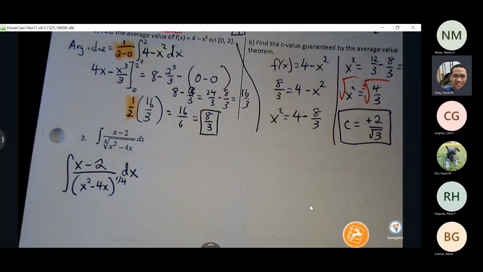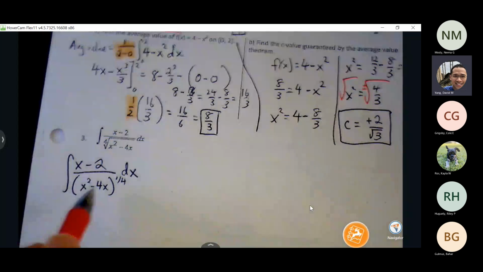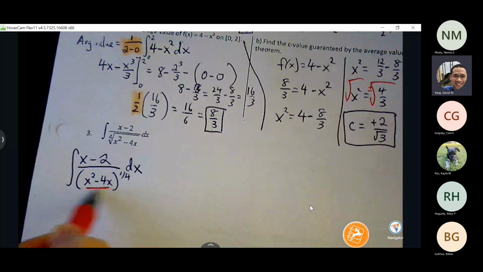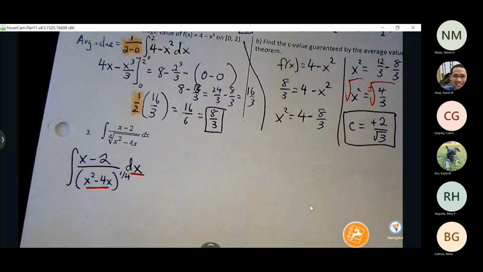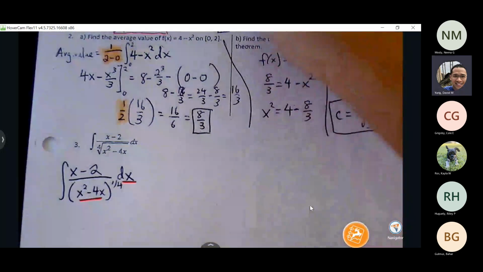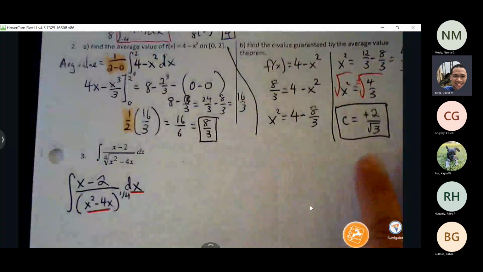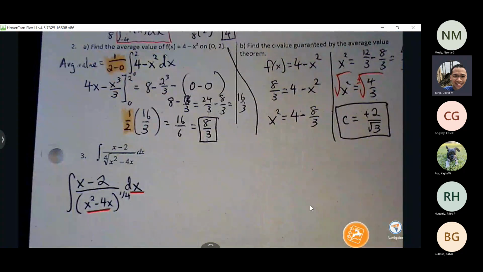Okay, so we want to consider a potential u value. What's our u value, you think? Yeah, so we typically target what's inside the parentheses, just inside the parentheses. Next unit, we may see some exceptions to this rule, but it's always a good place to start looking for your u value.